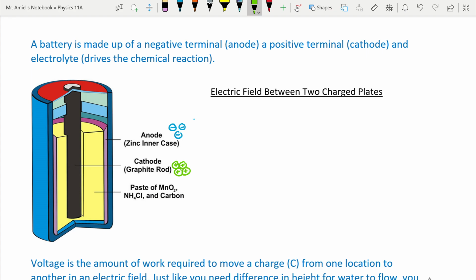So in this case, we've got a paste of manganese oxide, and what this is doing is it's actually stimulating a reaction, and the reaction that this electrolyte is stimulating is called a redox reaction or an oxidation reduction reaction. And this is in your Chemistry 12 curriculum.